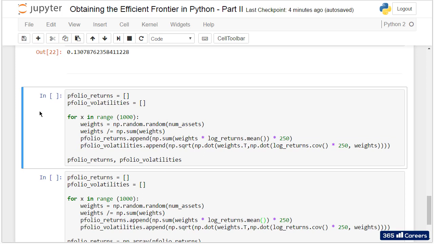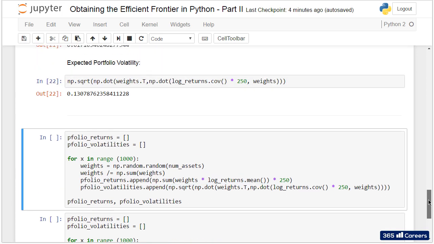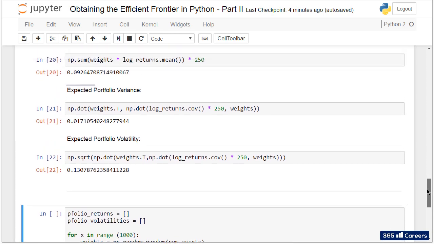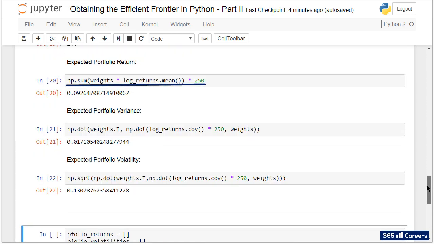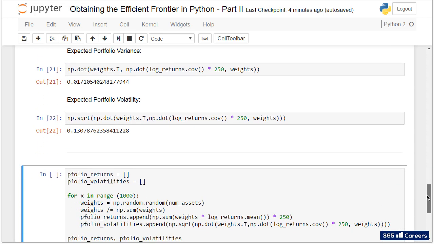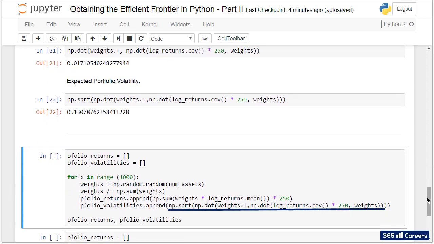Since we are calculating expected future portfolio return, in the parentheses, we had to insert the formula we mentioned a few minutes ago. On the next line, we repeat the same procedure for portfolio volatilities. We will use the append method and apply the formula for standard deviation.